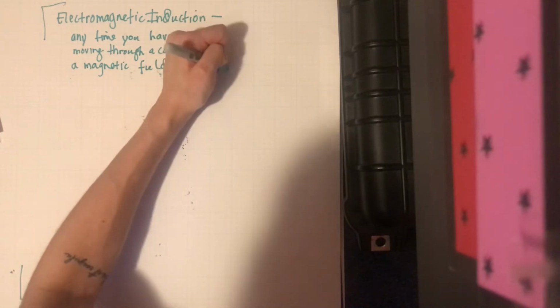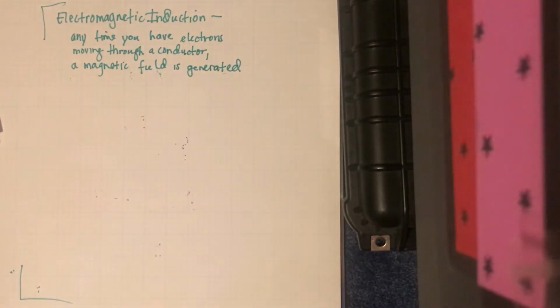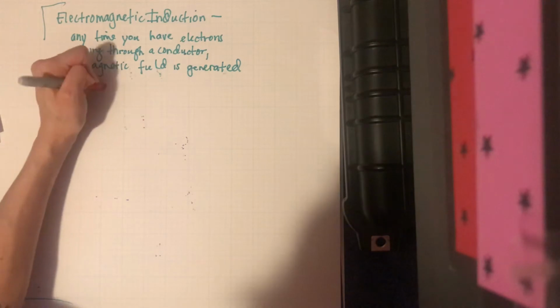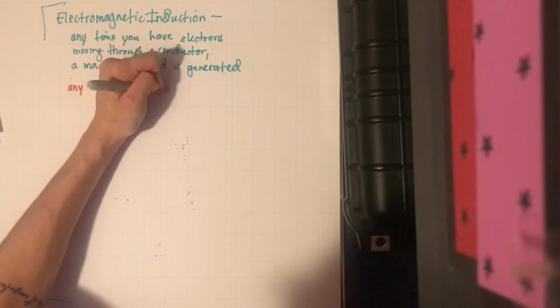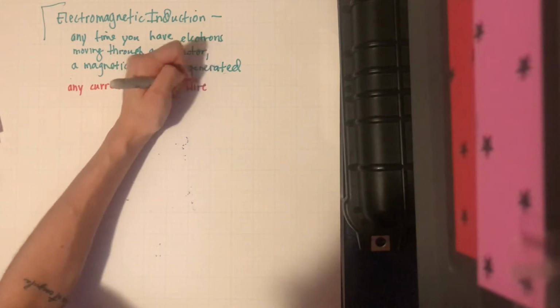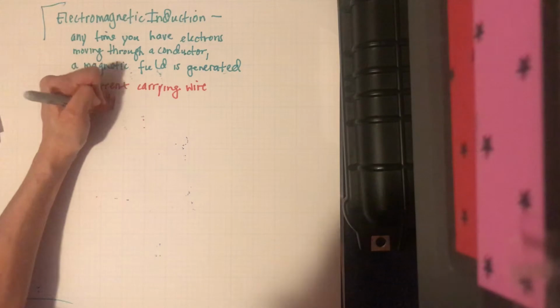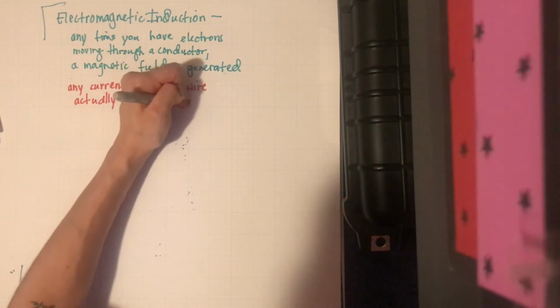So what that means is that actually any current carrying wire also has a magnetic field.